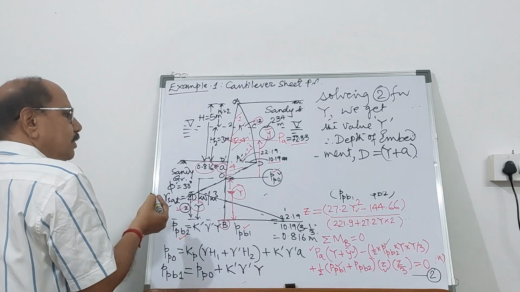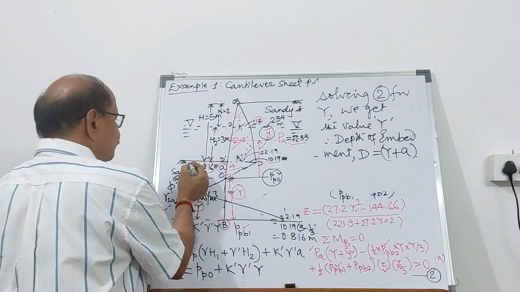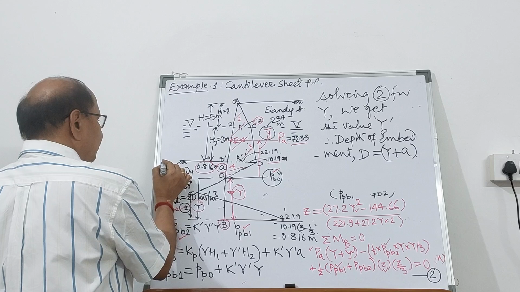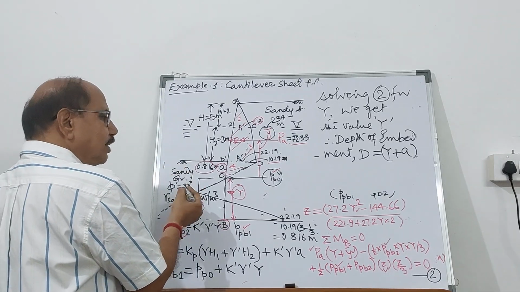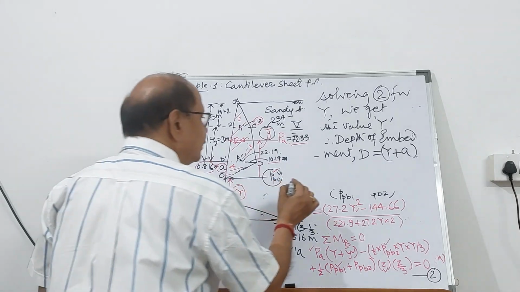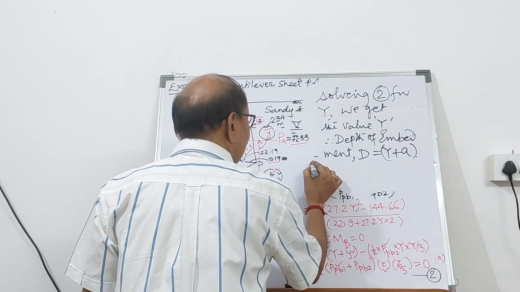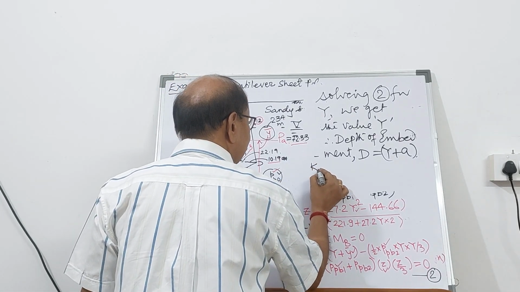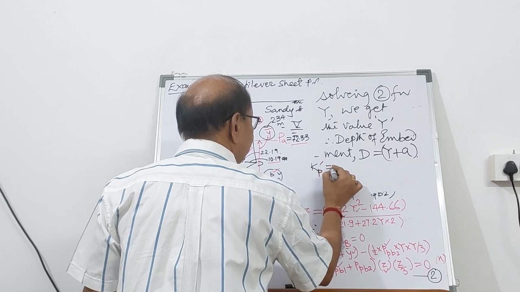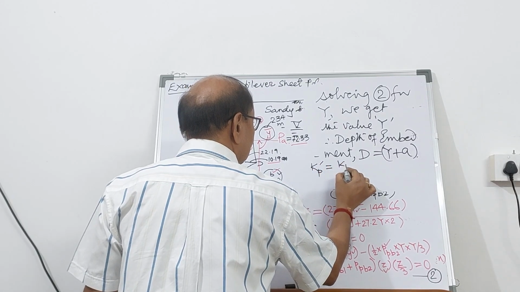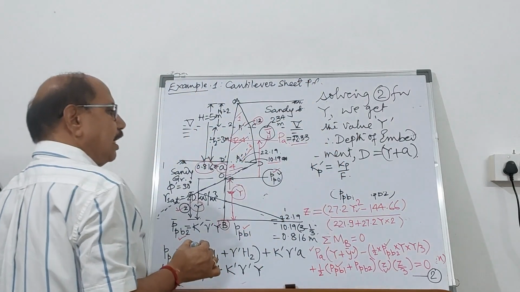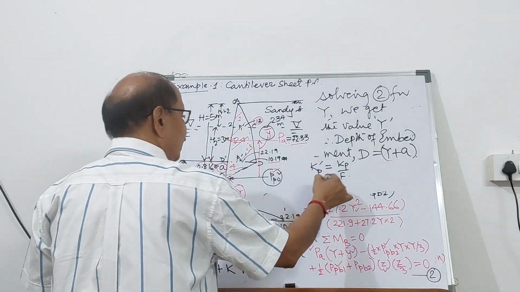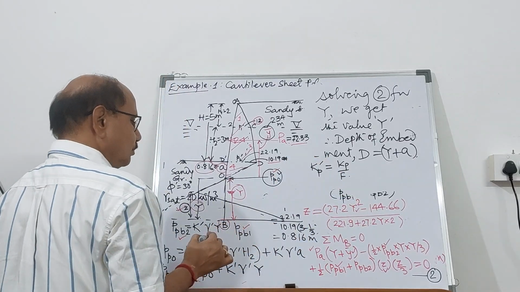In certain situation, if you feel that the passive earth pressure is not going to develop fully, then you can also apply a factor of safety to Kp value. And then you can find out Kp prime.